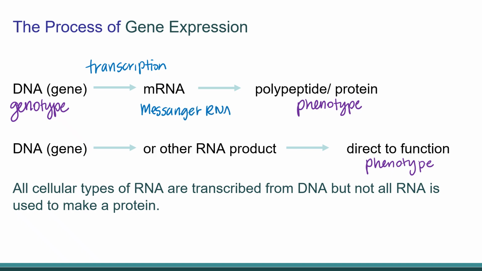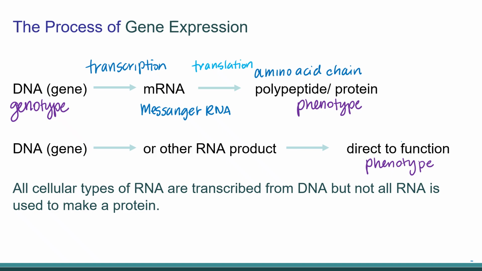And this messenger RNA is going to take the message, the DNA message, to the ribosome, where it is going to be used to produce a polypeptide. Now, a polypeptide is an amino acid sequence, or let's say an amino acid chain. And this amino acid chain is put together during the process of translation.